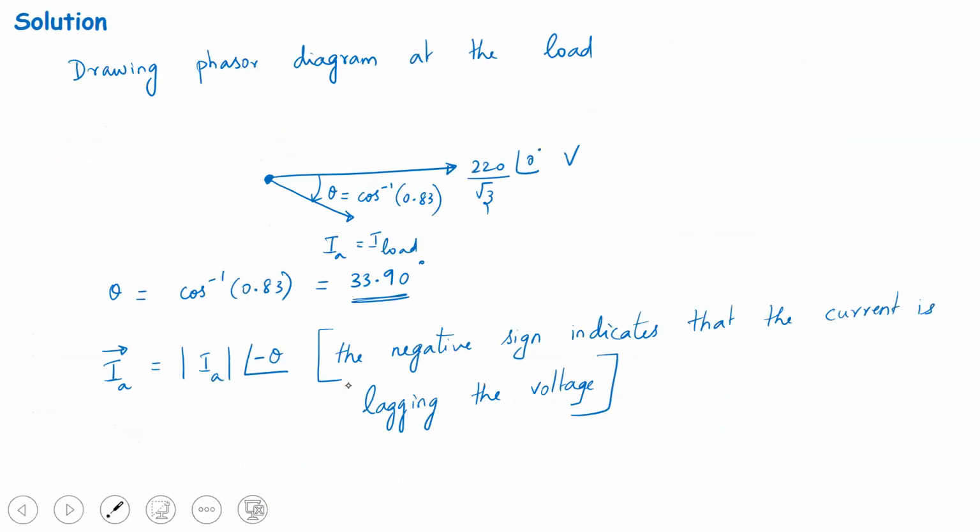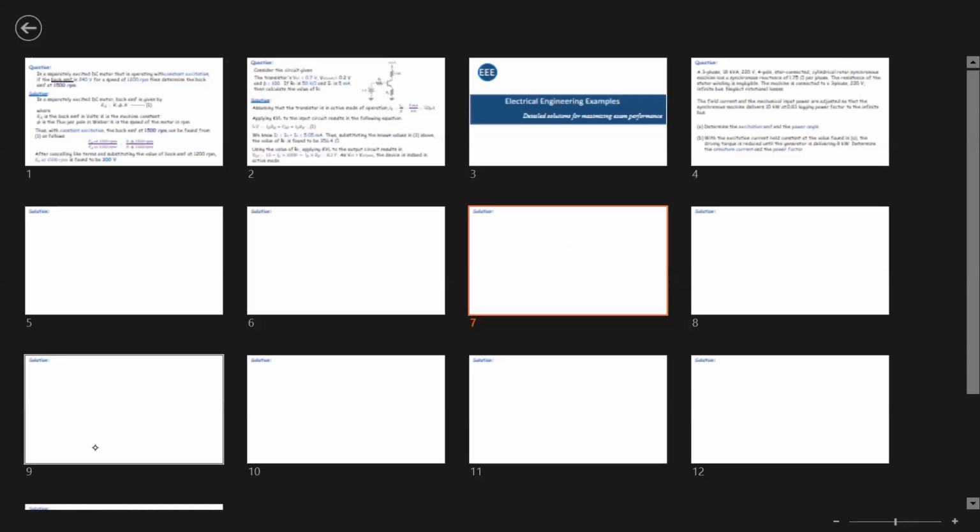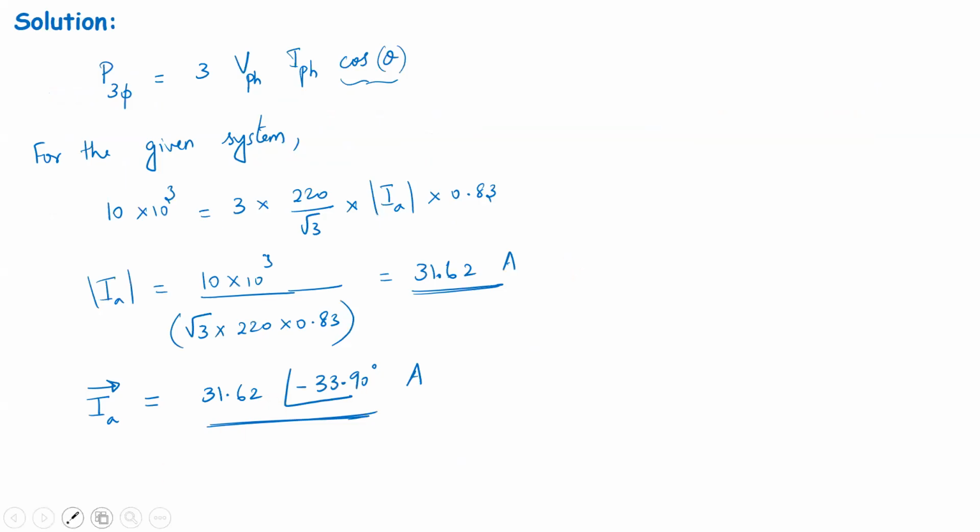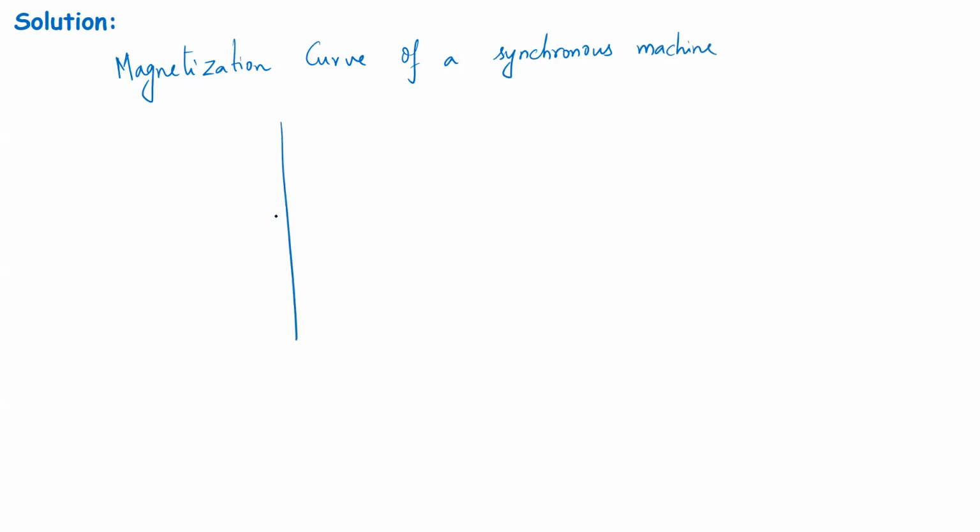If you recollect the open circuit characteristic curve, or the magnetization curve of a synchronous machine, it is the plot of the magnitude of excitation EMF E, also known as the internally generated EMF, versus the field current IF for a particular value of speed or for different values of speed.